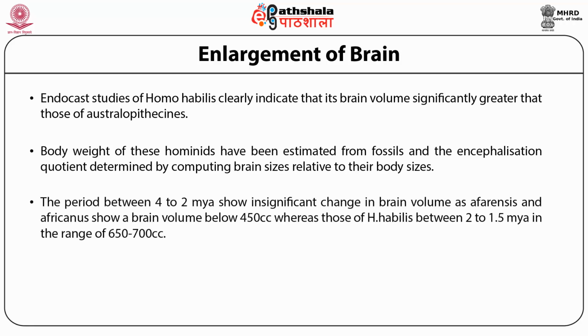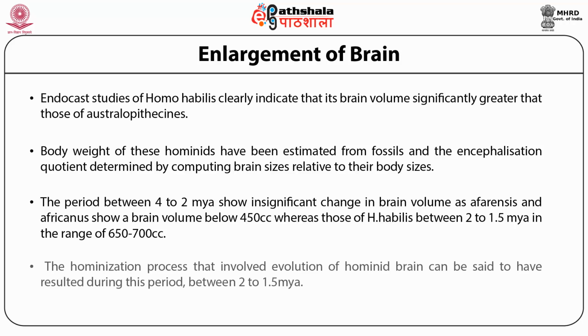The period between 4 to 2 million years ago reflects insignificant change in brain volume, as Australopithecus afarensis and Australopithecus africanus showed a brain volume below 450 cc, whereas that of Homo habilis, between 2 to 1.5 million years ago, was in the range of 650 to 700 cc. The hominization process that involved evolution of the hominid brain can be said to have resulted during this period between 2 to 1.5 million years ago.